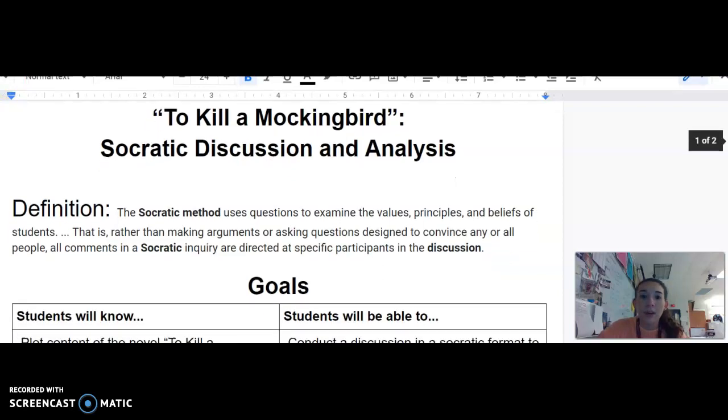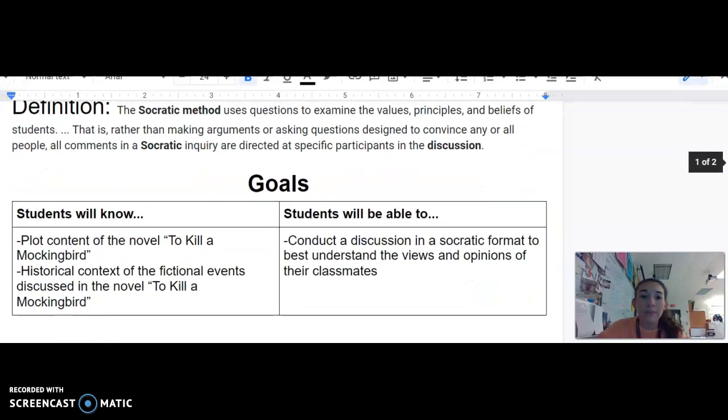So our goals for this: students will know the plot content of the novel To Kill a Mockingbird. They will also know the historical context of the fictional events discussed in the novel. Students will be able to conduct a discussion in a Socratic format to best understand the views and opinions of their classmates.